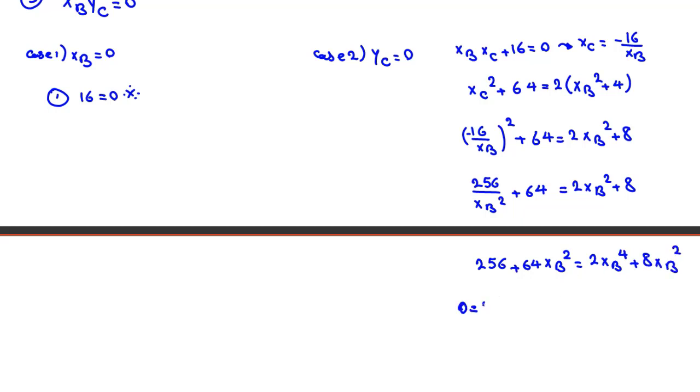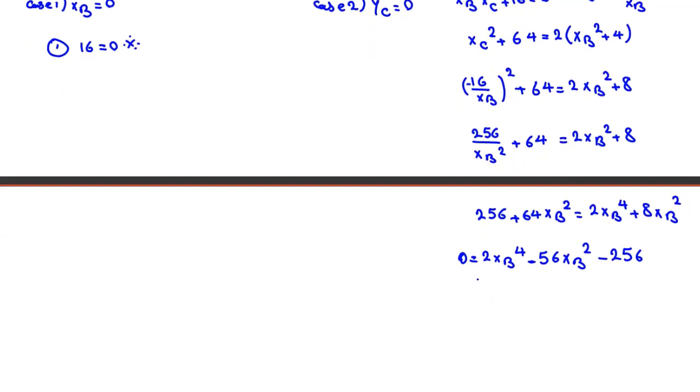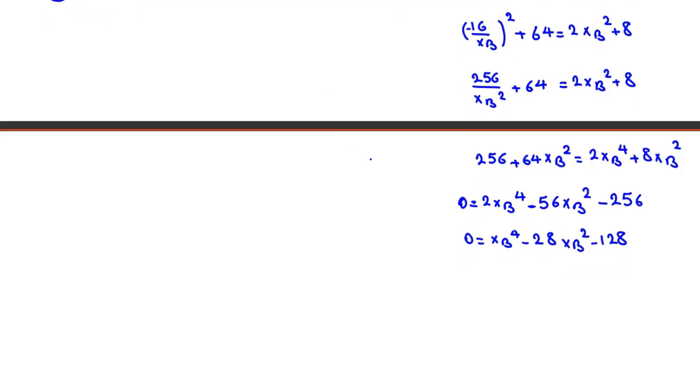Now if you take all things to the right hand side: 2xp to the 4, 8 minus 64, it will be minus 56 xp squared minus 256. Okay. Now we divide both sides by 2, so 0 equals xp to the 4 minus 28 xp squared minus 128. Now we try to factorize.